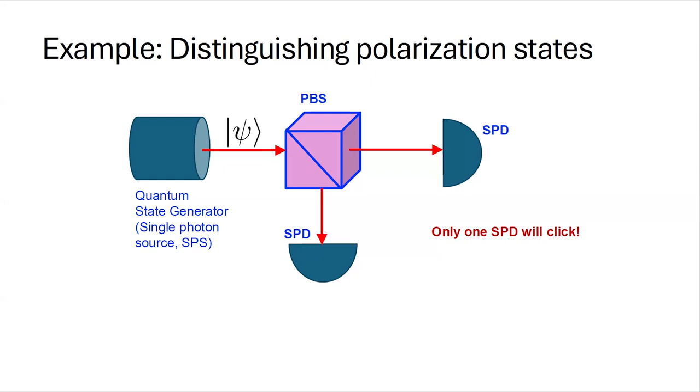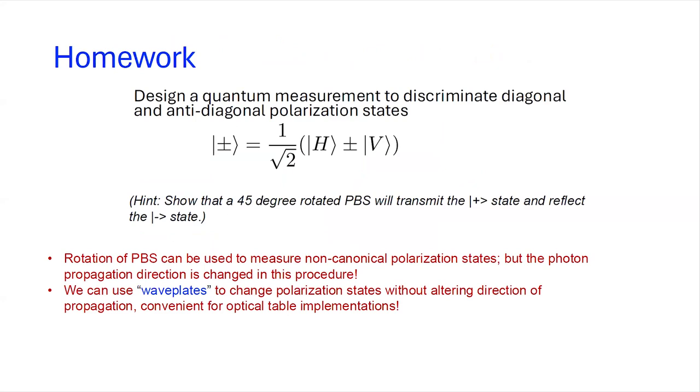So if you have an unknown state, you can make a discrimination circuit and run it to decide whether the state is horizontal or vertical. Since this is a single photon state, even if it is not in H or V but some combination or superposition, it's still a single photon state, a single photon qubit. And you can distinguish whether it is horizontal or vertical. So this is very trivial.